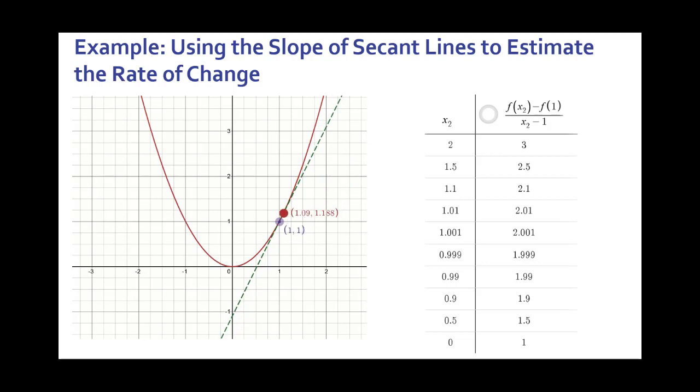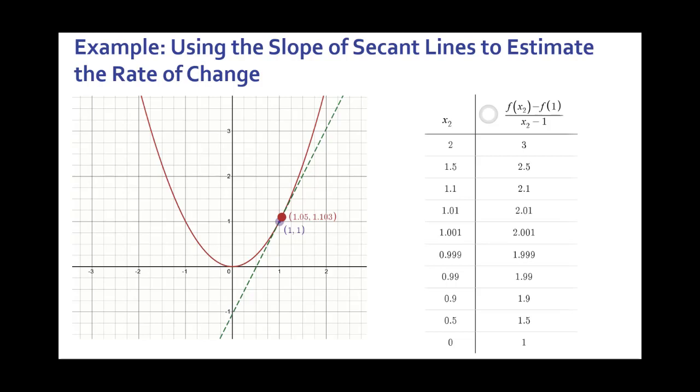So if you look at the table, you can see what is happening to the slope as this x value is getting closer and closer to positive 1. And when we do that, we can see that our slope is approaching 2.